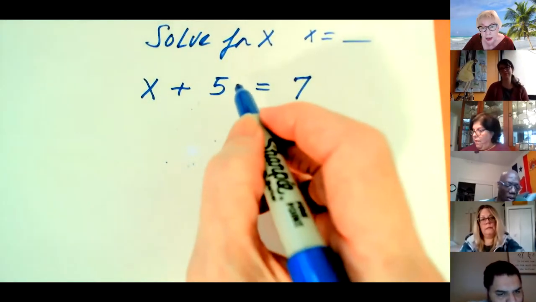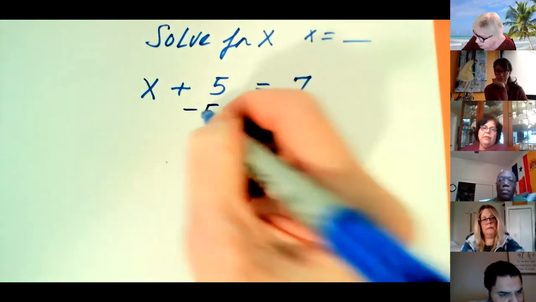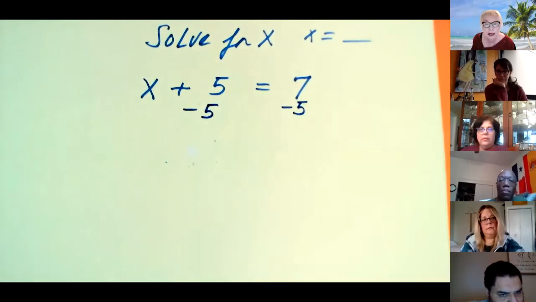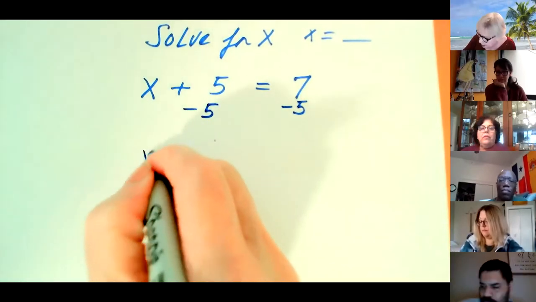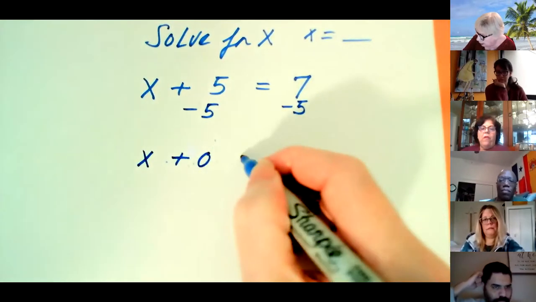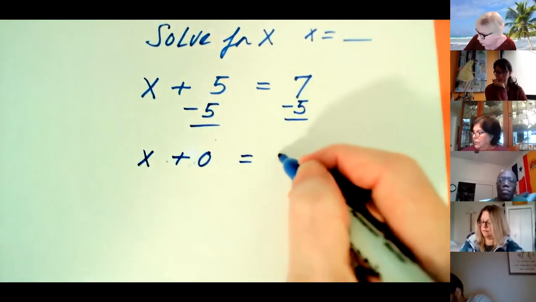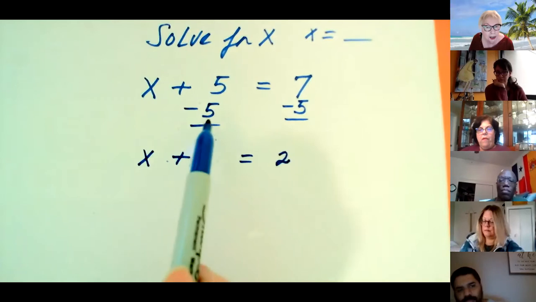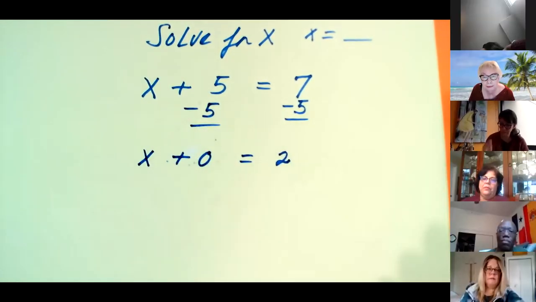And the book tends to write it on the same line. I tend to write it right below. Somehow I find that easier to see. And so the plus 5 and the minus 5 makes this X plus 0. And on this side, 7 take away 5 is 2. Now you can't just subtract on one side and then not subtract on the other.